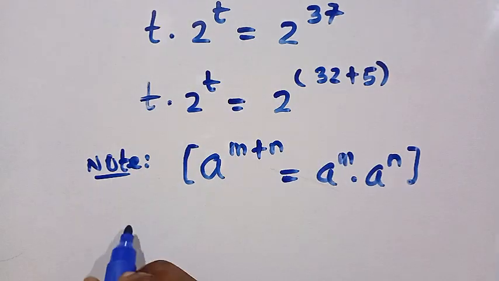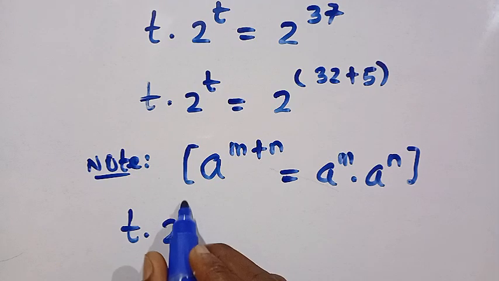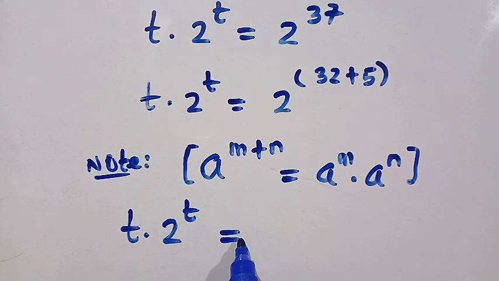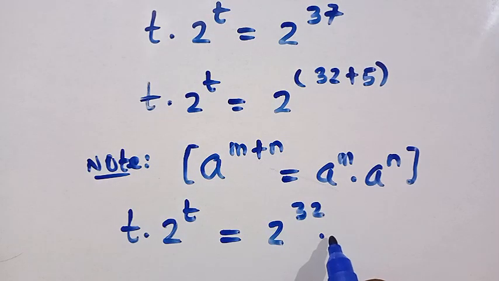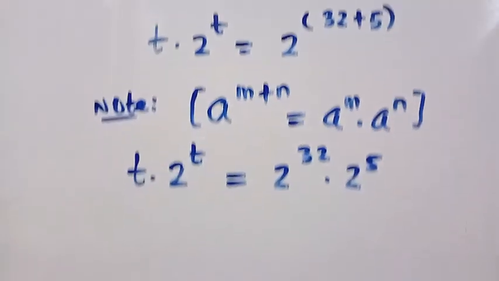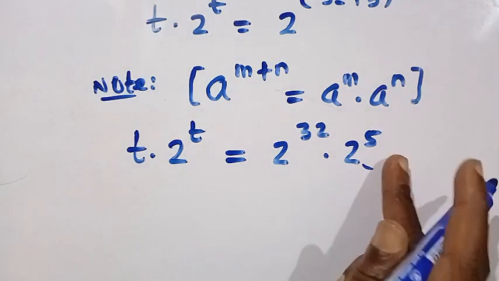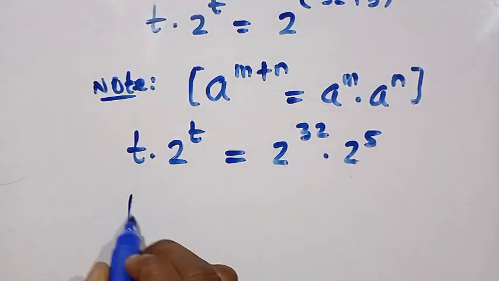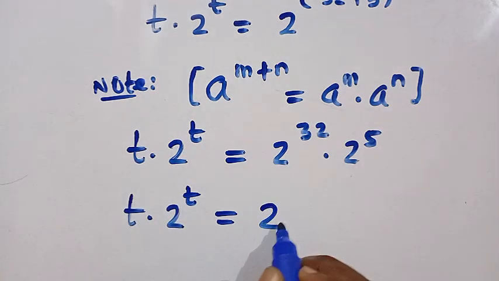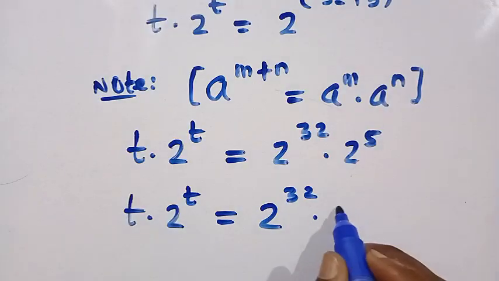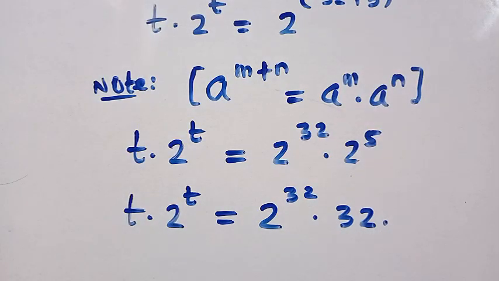Applying it, we have t multiplied by 2^t = 2^32 multiplied by 2^5. And 2^5 means multiplying 2 five times, which gives 32. Then we have t multiplied by 2^t = 32 multiplied by 2^32.